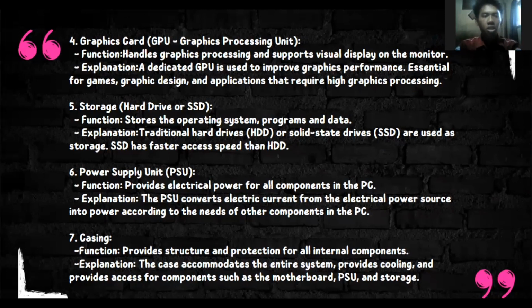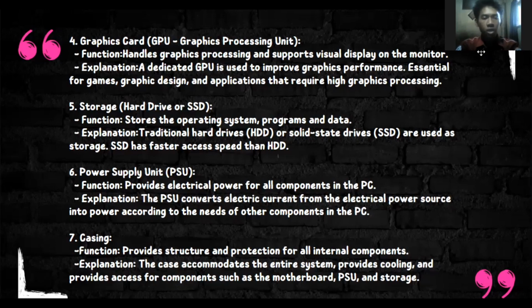Five, storage. Function: stores the operating system, programs, and data. Explanation: traditional hard drive (HDD) or solid state drive (SSD) are used as storage. SSD has faster access speed than HDD.